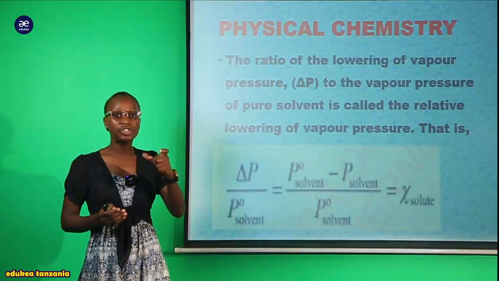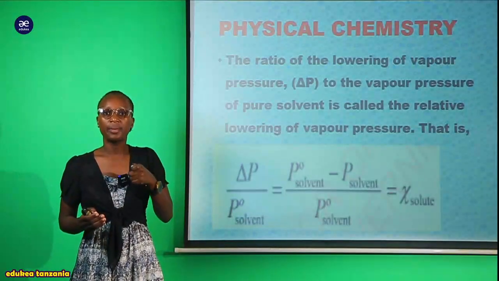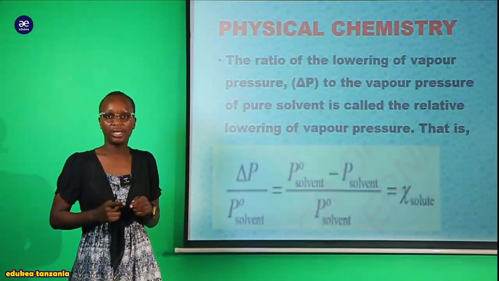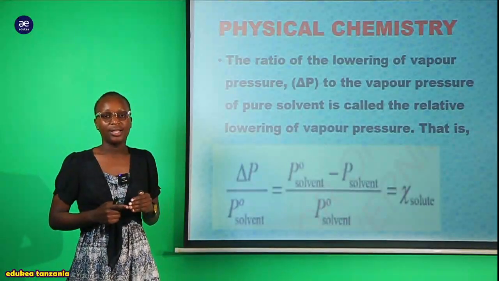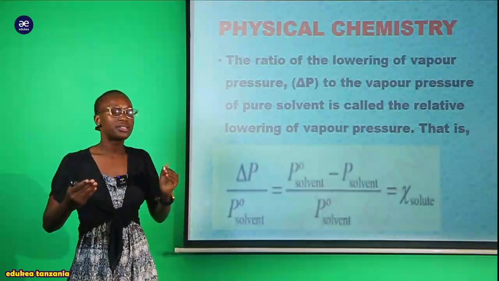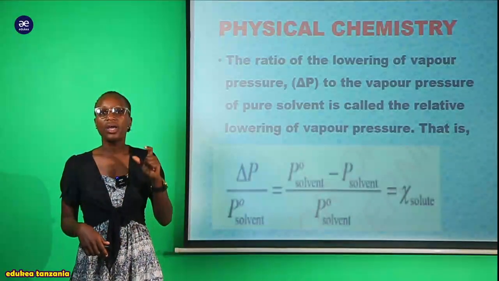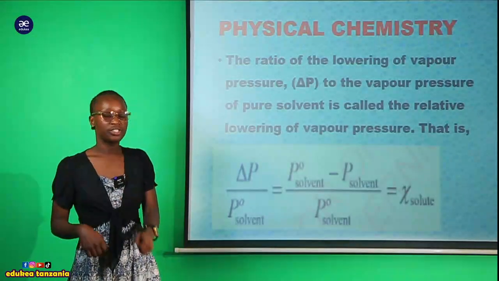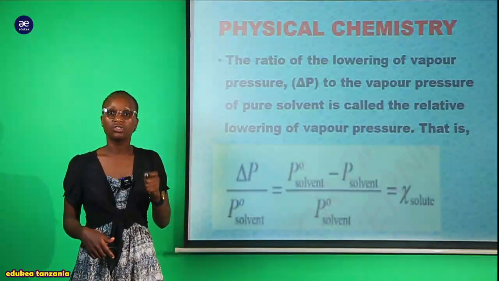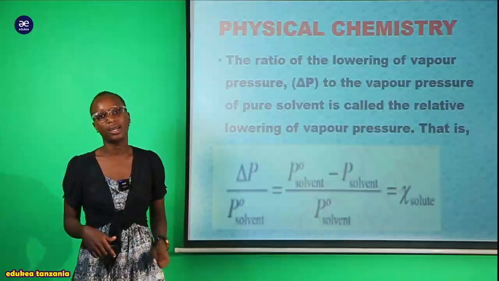We have said that the ratio of the lowering of vapor pressure, denoted by delta P, over the vapor pressure of the pure solvent is equal to the relative lowering of the vapor pressure, which is expressed in this way, equal to the vapor pressure of the pure solvent minus the vapor pressure of the solvent over that of the pure again.